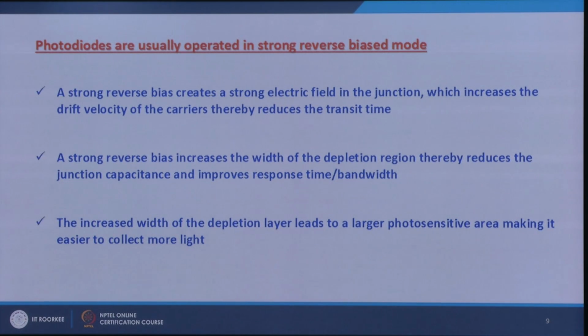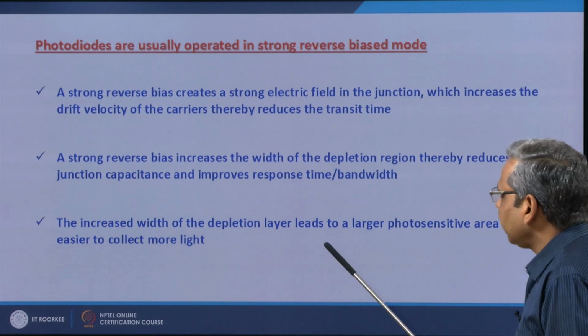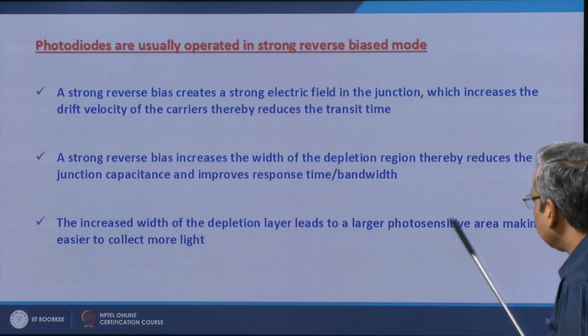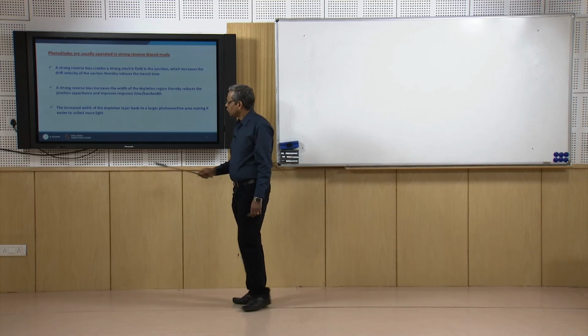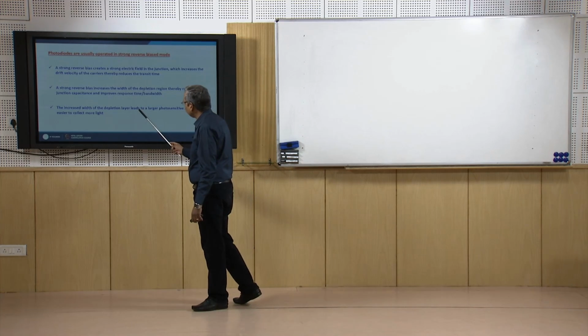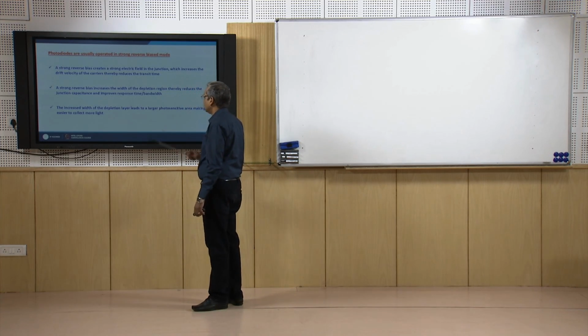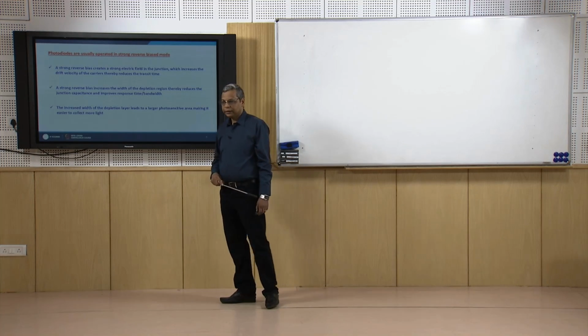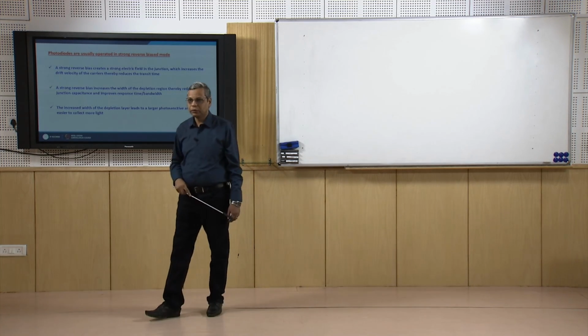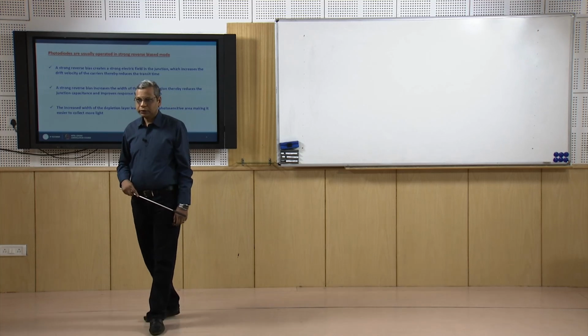and because of that the photosensitive area would increase. So, depletion region layer width will increase. So, photosensitive area would increase because it is that region where the generated electron hole pairs will constitute a current.